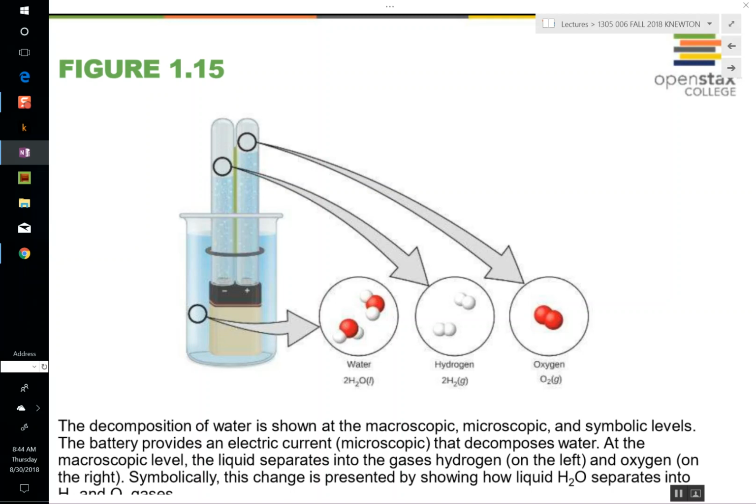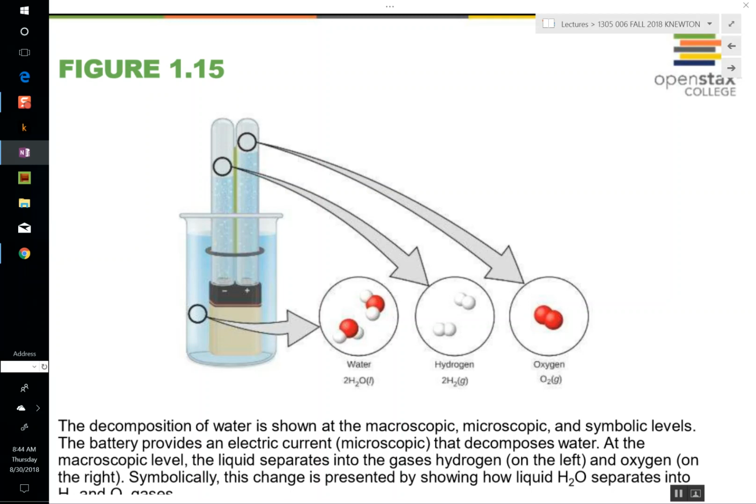So here is where that compound, water, is being broken down by electrolysis into its individual elements. Let me just point out here, you can see this periodic table, and a bunch of things in red. Those are gases at room temperature in their elemental form. Hydrogen, oxygen, I mentioned nitrogen that's in air, fluorine, chlorine.